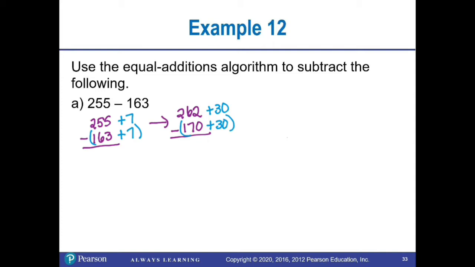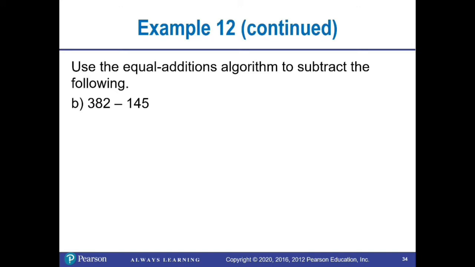Again, notice I've put 170 plus 30 in parentheses. When I distribute the minus, a plus 30 with the first number, distribute the minus, makes a minus 30 with the second number. I haven't changed the problem. 262 plus 30 is 292. 170 plus 30 is 200. And now when I subtract, I get 92.